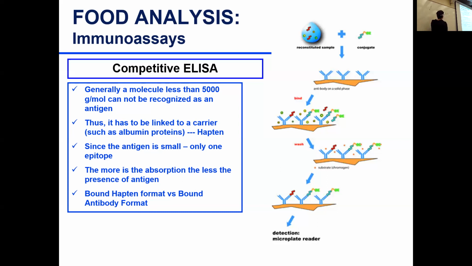So then the host detects it as a foreign matter, and I will get antibodies to the whole hapten. Hapten is this: the antigen of interest and the carrier protein.